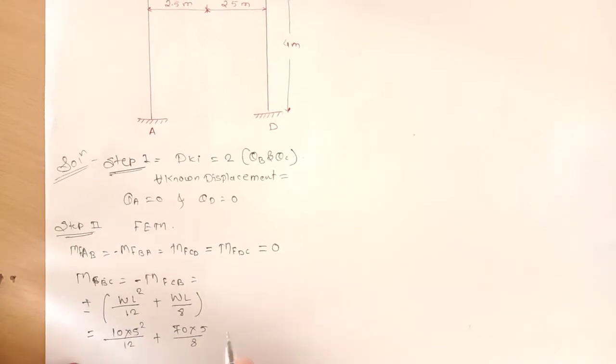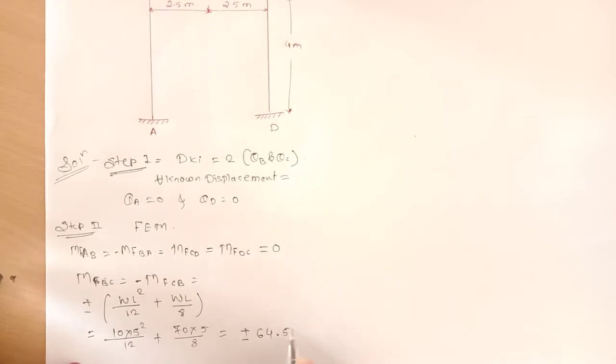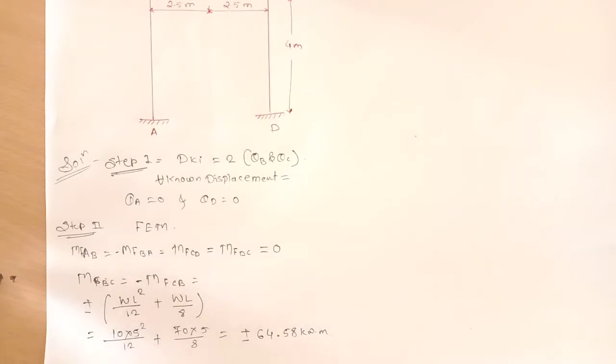This answer is plus or minus 64.58 kilonewton meter. So the fixed end moment for member BC is 64.58 kilonewton meter and for member CB is minus 64.58 kilonewton meter. These are our fixed end moments.